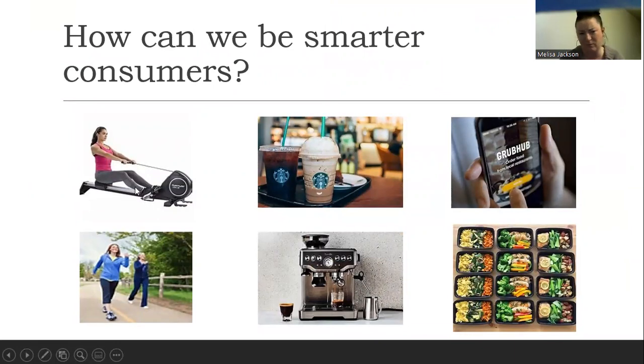So last summer, I was really thinking about getting fit. I don't like to go to the gym. I know that about myself. I wanted to get as much exercise as possible, just trying to think of different ways to accomplish that. I saw this rowing machine advertised, and rowing machines can go up to maybe $2,000 sometimes.